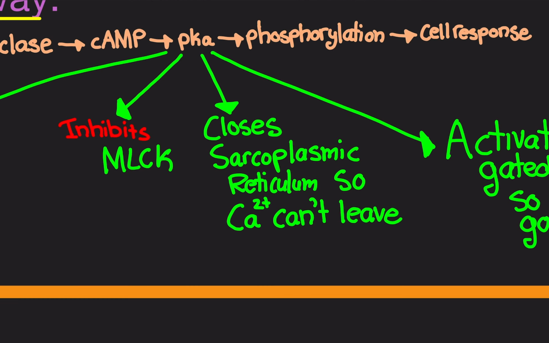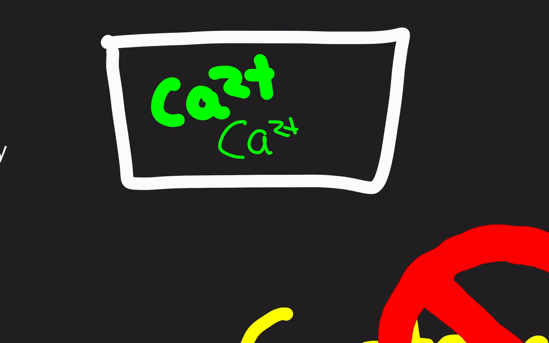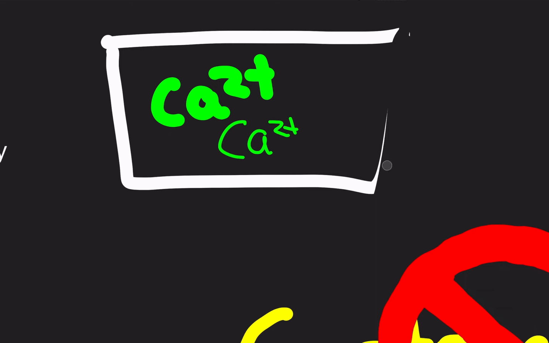What PKA also does is close the sarcoplasmic reticulum so calcium cannot leave. Do you remember in our smooth muscle contraction video, we said that here's the sarcoplasmic reticulum, there's a bunch of calcium here, and there was a little gate here.